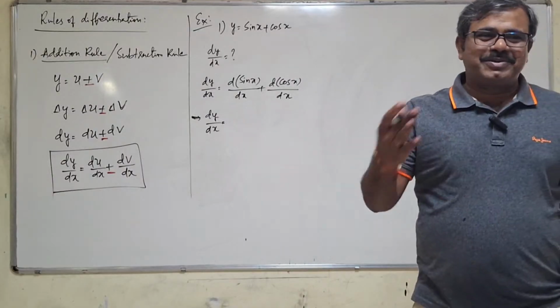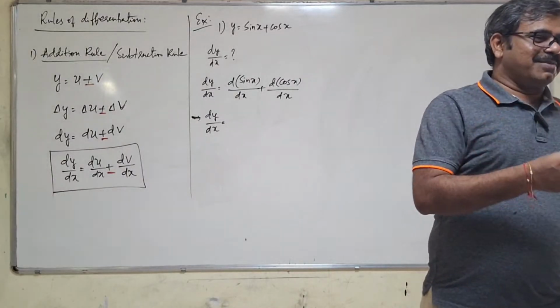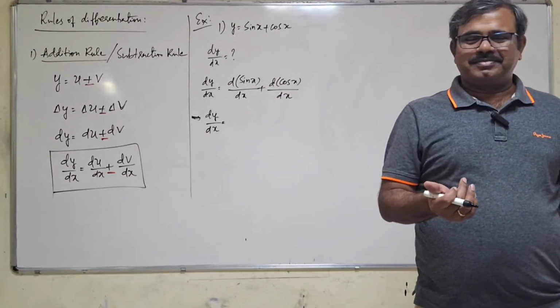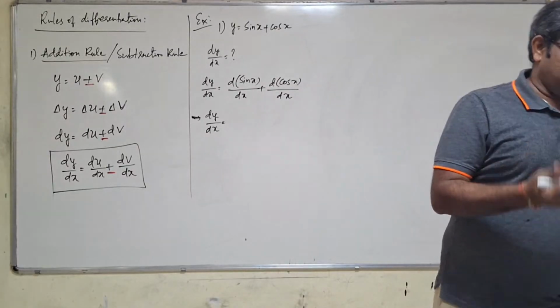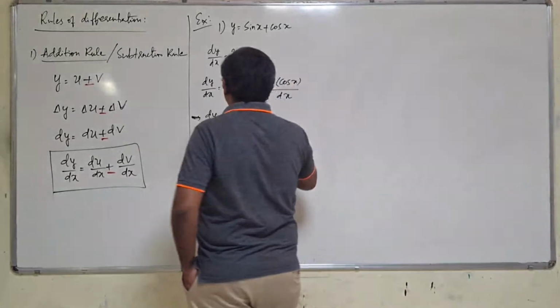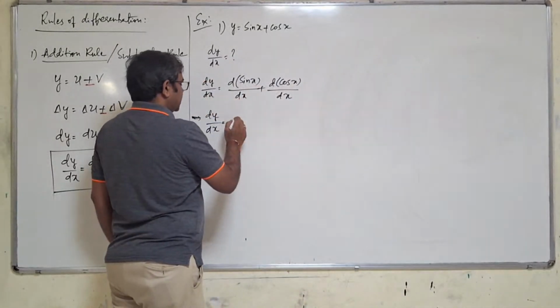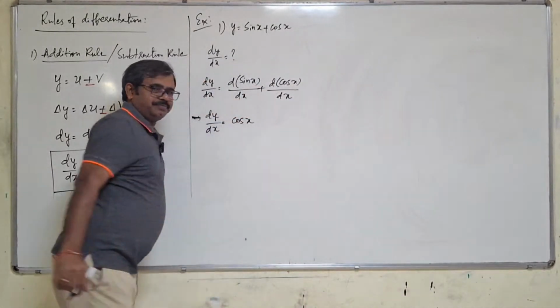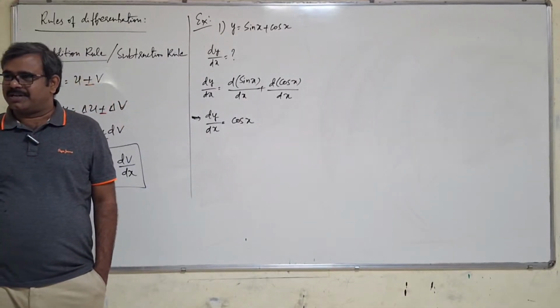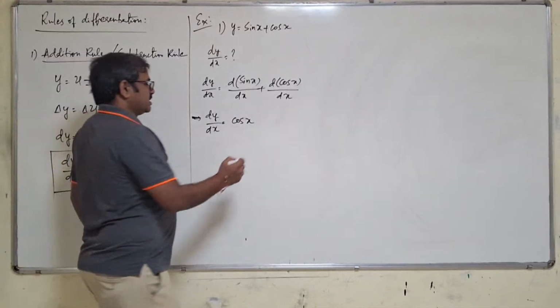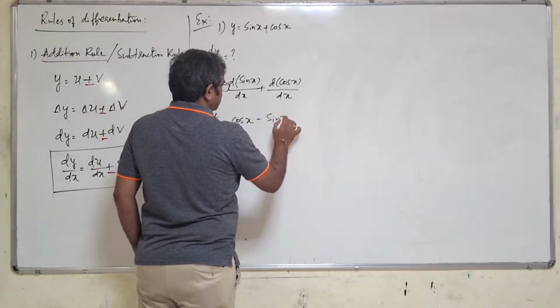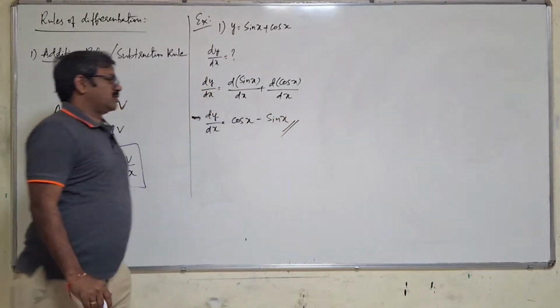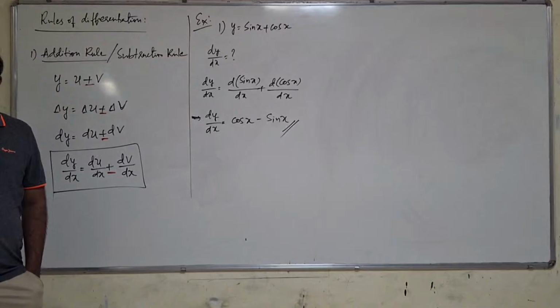When y is equal to sin x, what is dy by dx we got? Cos x. So d sin x by dx is equal to cos x. What is d cos x by dx equal to? Minus sin x. So answer to the question is cos x minus sin x.